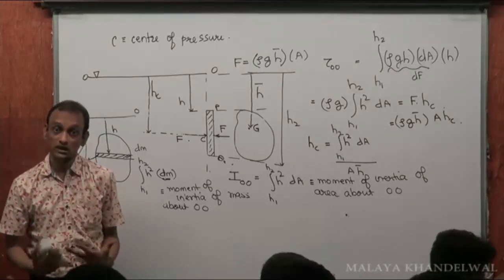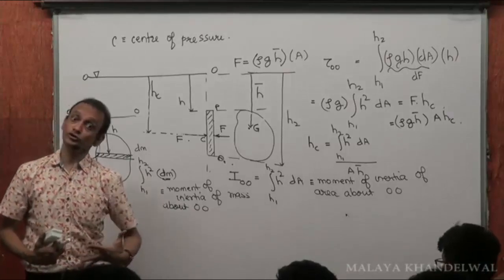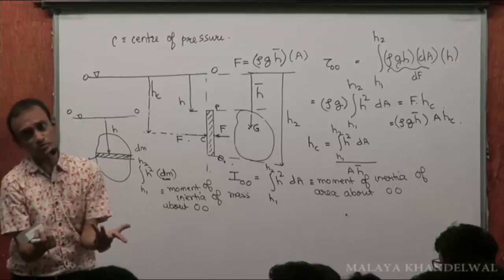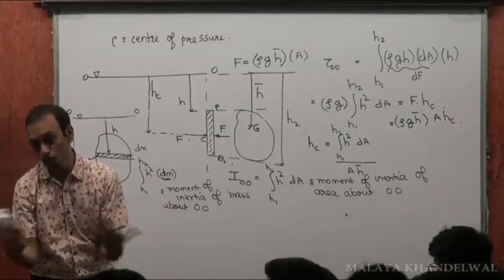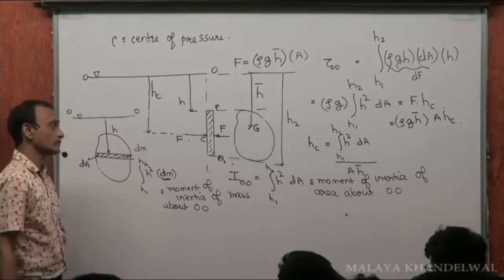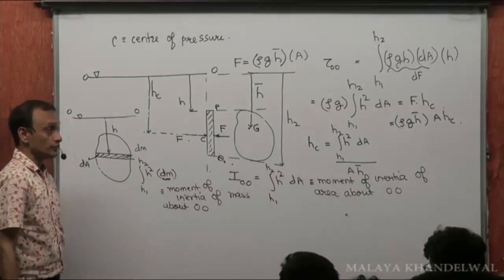It'll give me an idea of distribution of areas, isn't it? In fact, it will also give me distribution of mass, because areas will be proportional to masses, right? Yes or no?